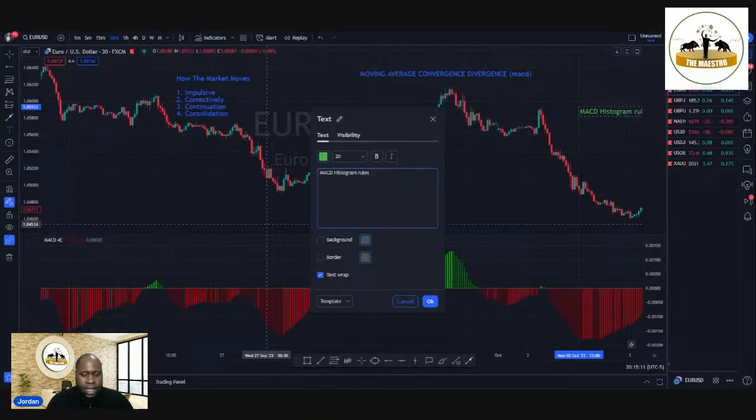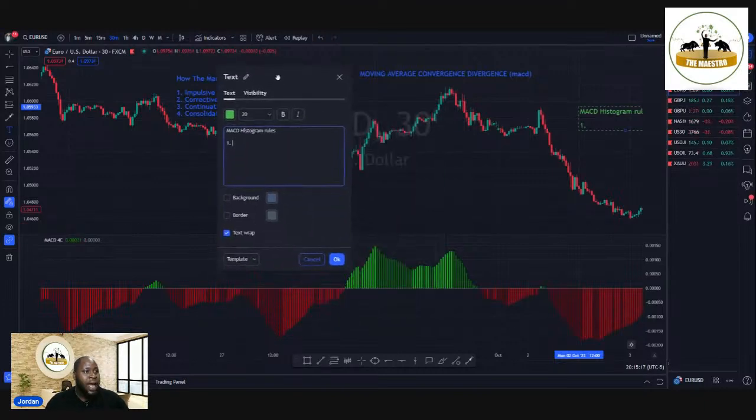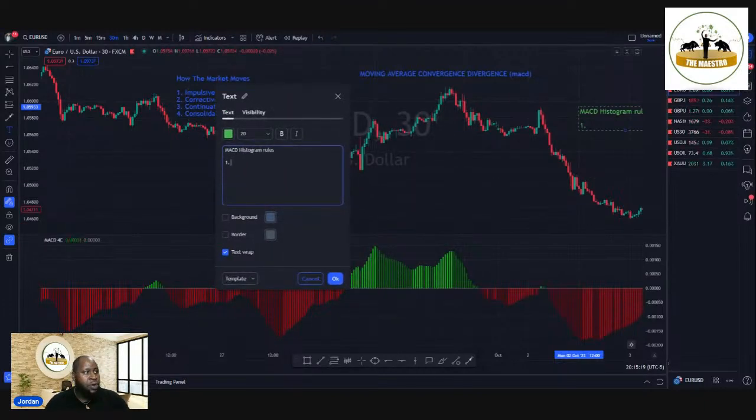Rule number one, on the bullish side, the green side: when we are losing momentum, all I want you to know is that it starts to shade darker.